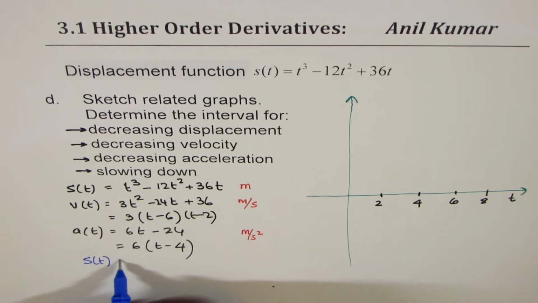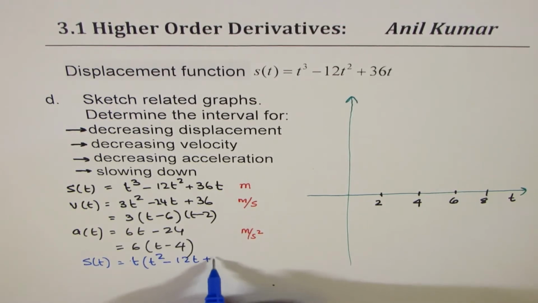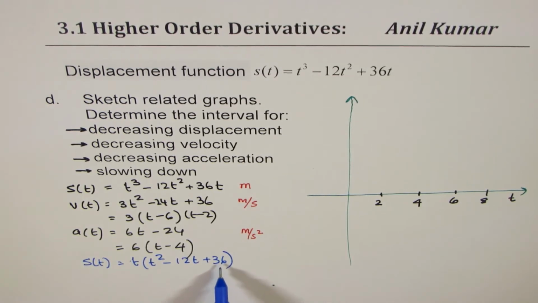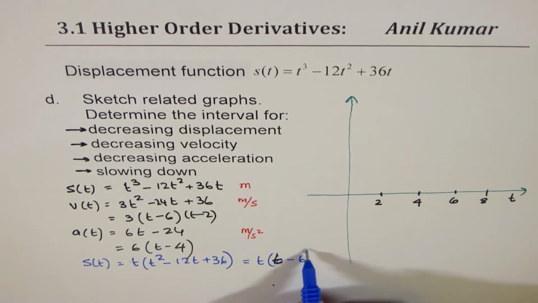So s of t, we could take t common, right? So we have t square minus 12t plus 36, and that is 6 times, right? So that could be written as t times t minus 6 whole square.